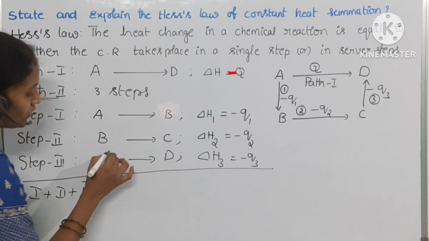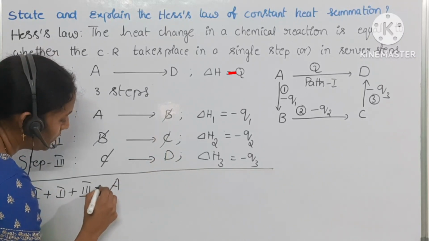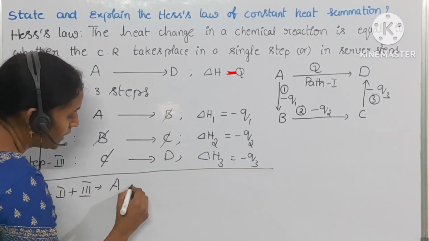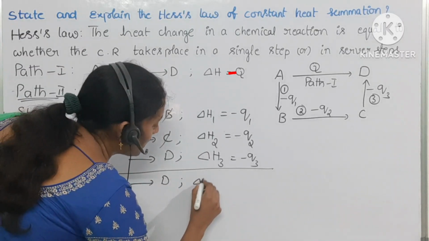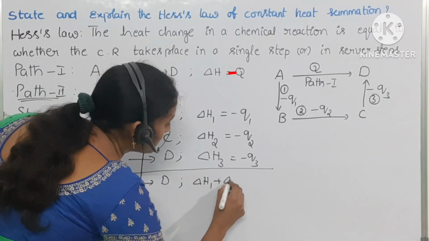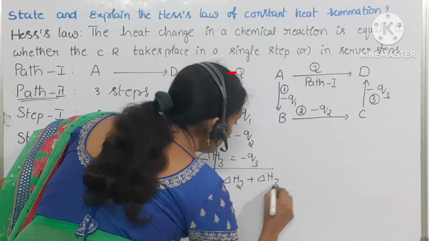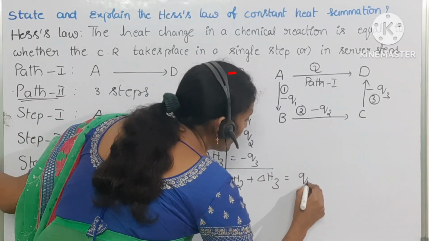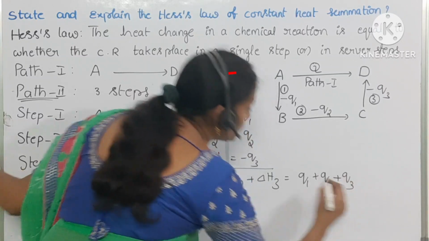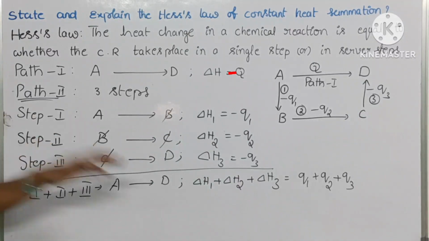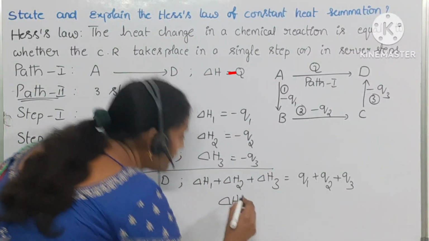What will you get? You can see C cancels, B cancels. The remaining is A to D, with delta H1 plus delta H2 plus delta H3 equal to minus Q1 plus Q2 plus Q3. This is equal to the delta H directly.